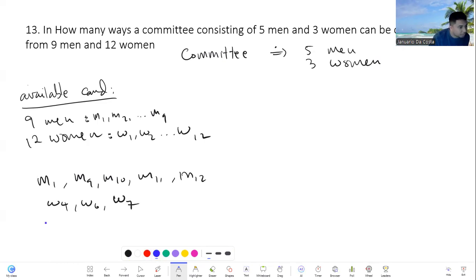And in the second event, you select M12, M10, M9, M1, and M11, and the women will be women 7, women 6, and women 4. They consist of all the same elements, but just in a different order.